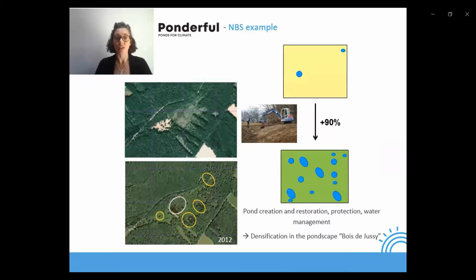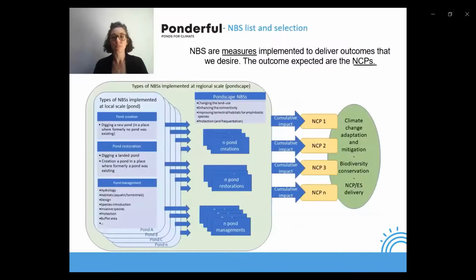And in the same pondscape, a second program of NBS implemented in the year 2000 led to the creation of a second set of 50 small ponds. These two NBS will be assessed separately, of course, and they will be considered together only later for the global assessment of the pondscape. And I'm going to explain this approach.